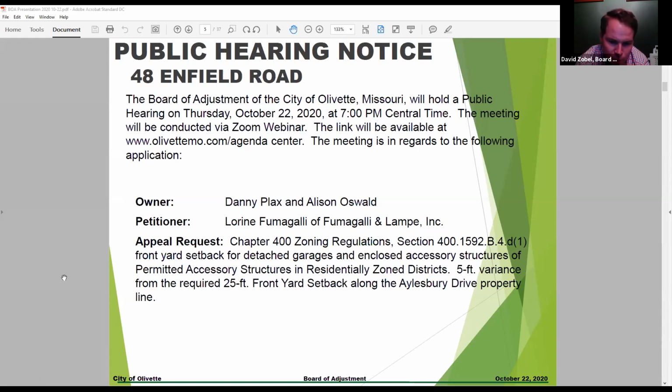Code section is 400.1592.B.4.D(1), front yard setback for detached garages and enclosed accessory structures of permitted accessory structures in residentially zoned districts, being part of Article 16, accessory structures and uses, Chapter 400, zoning regulations of Title 4, land use of Olivet Municipal Code.